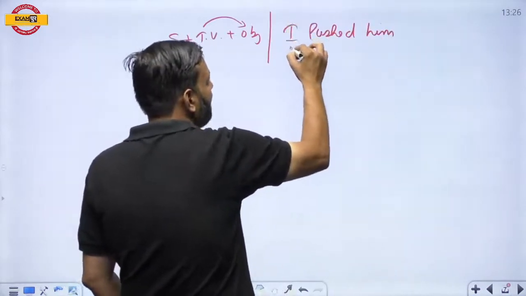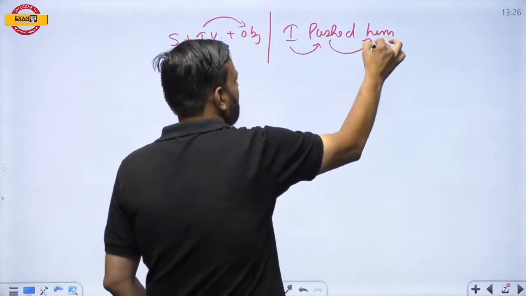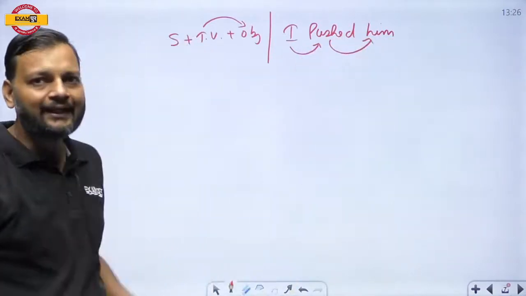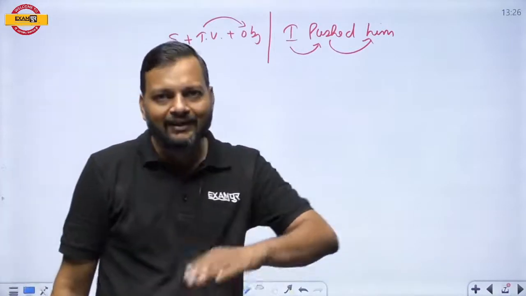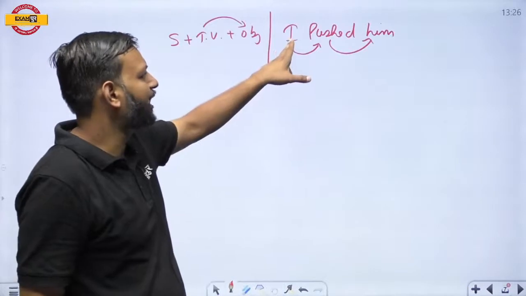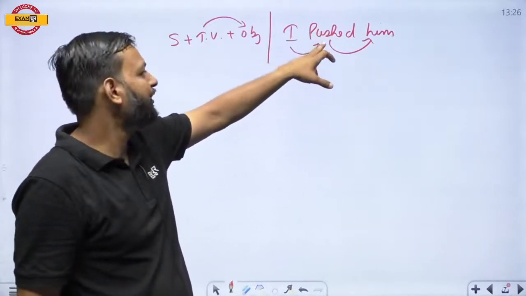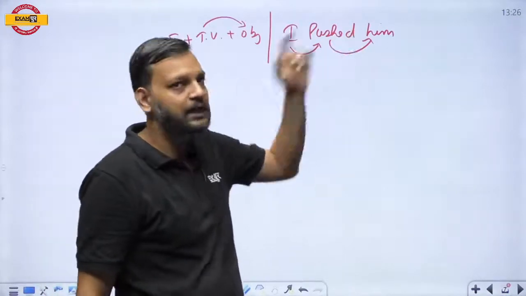So I did this action, and this action affected the object. A transitive verb is the verb that affects the object, right? So the subject is I, and I took an action, I posed, and this action affected him, I posed him.